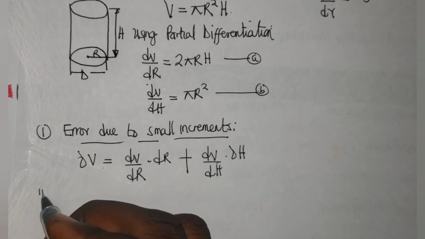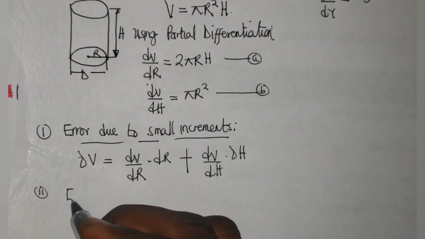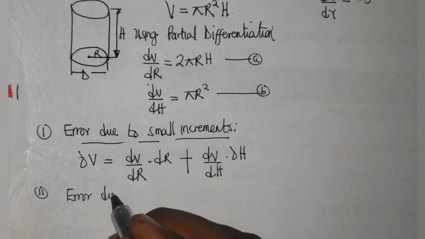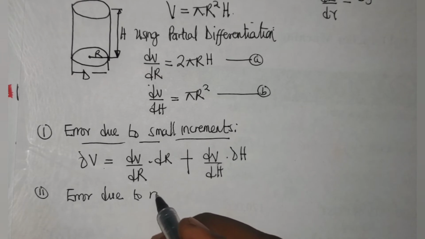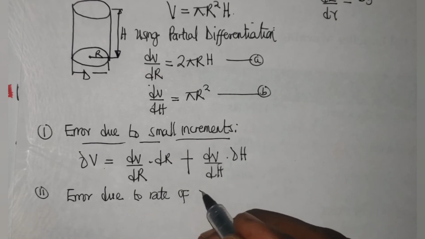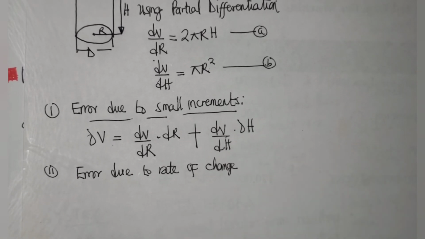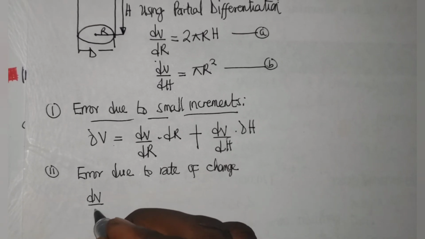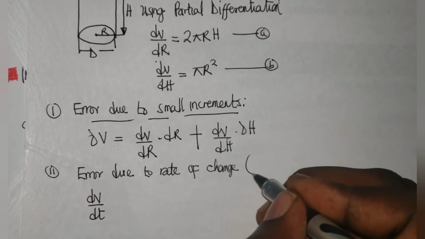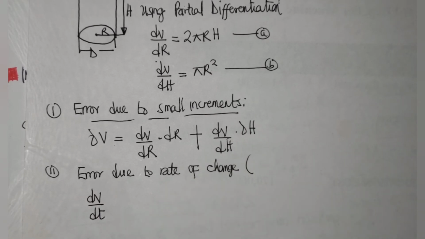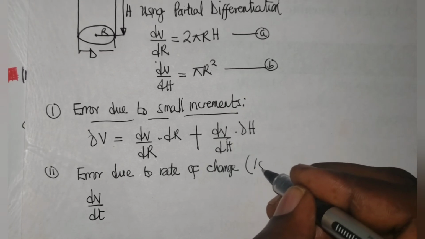Now if I want to generate a formula as well for error due to rate of change, this is what I'm going to be having. dV over dt. I told you that when they say rate, it simply means it's changing with time, per seconds.